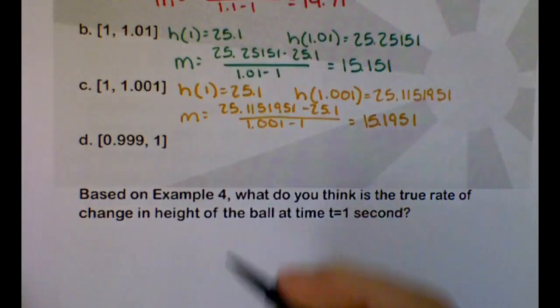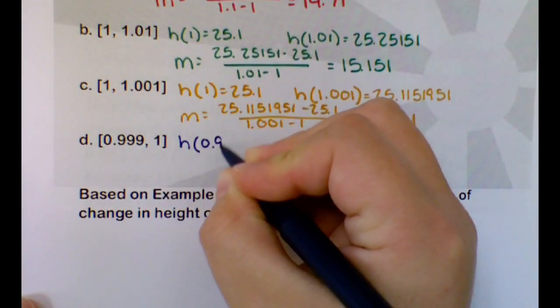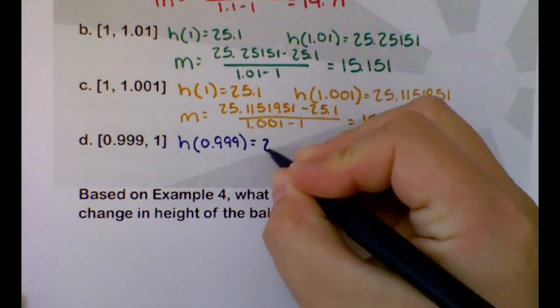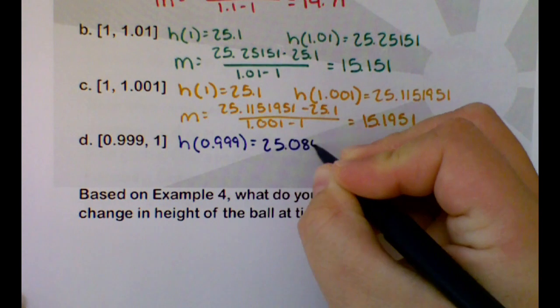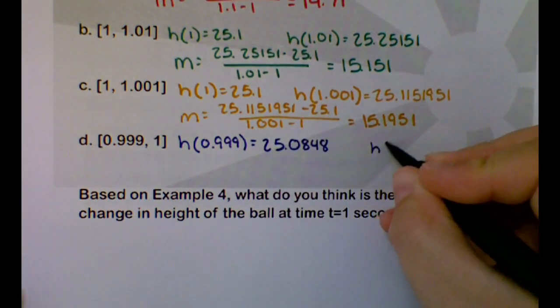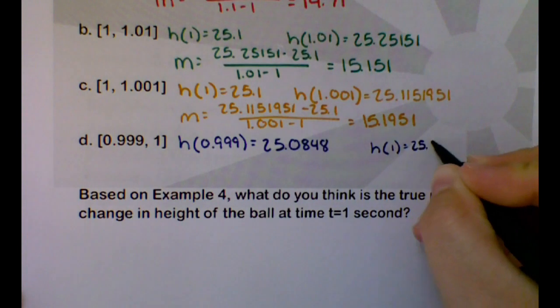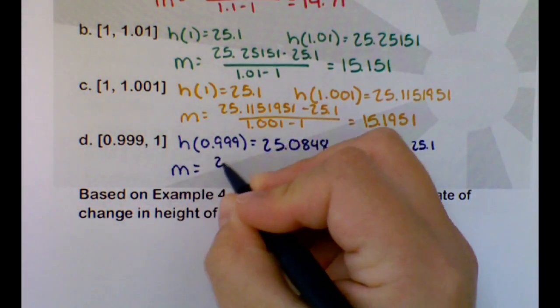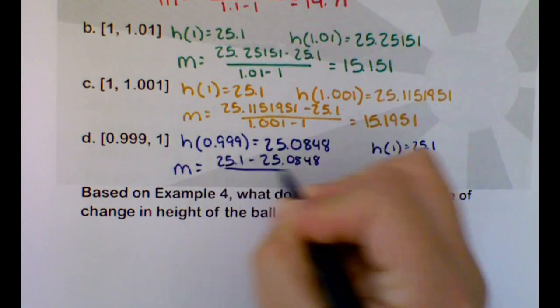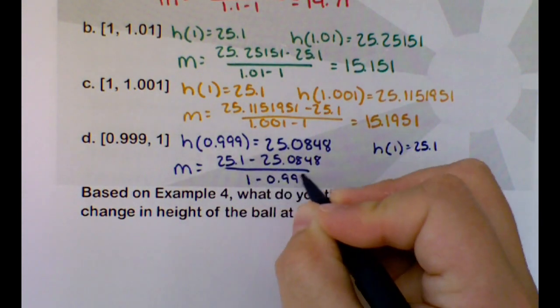And then our last one, we would need H of 0.999. That's 25.084, blah, blah, blah. We'll call it an 8. And I still know H of 1 is 25.1. So my slope is 25.1 minus 25.0848 over 1 minus 0.999.